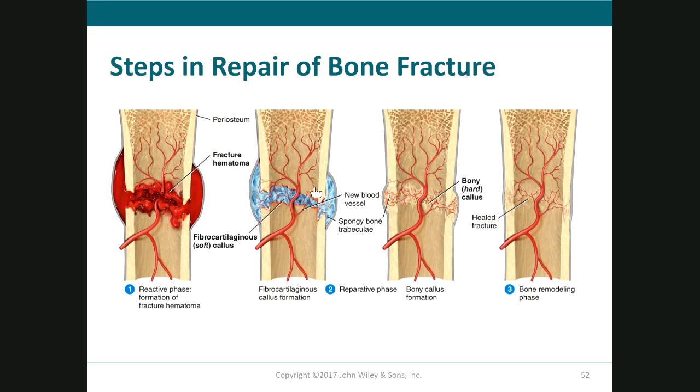The white blood cells are cleaning all the debris, and then eventually we'll form a bony callus, and at times the healed fracture will even be non-visible on an X-ray if it heals properly. This usually should take approximately 6 to 8 weeks.